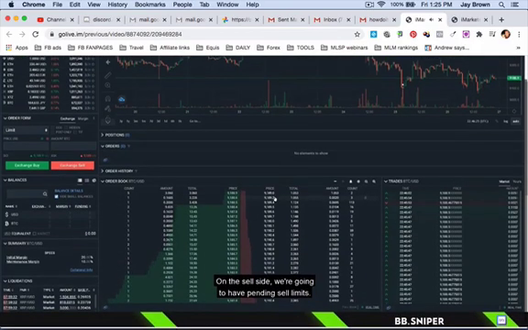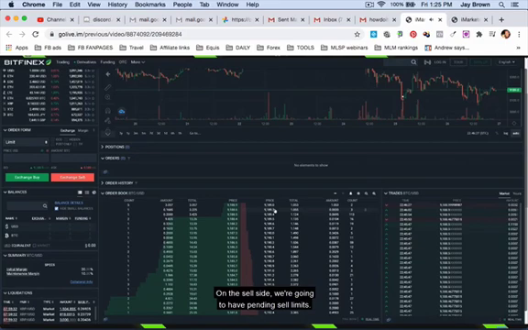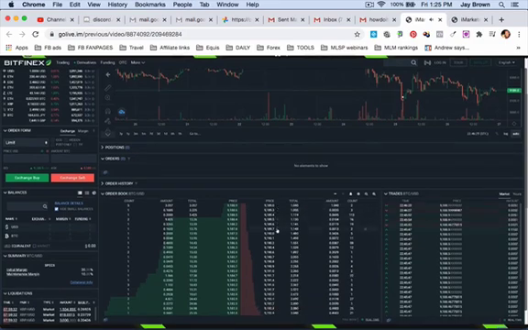On the sell side, we're going to have pending sell limits. Same information, we get to see the price, we get to see the quantity, and sometimes we even get to see how many orders are actually open. This is money that is looking to get out of a particular market.